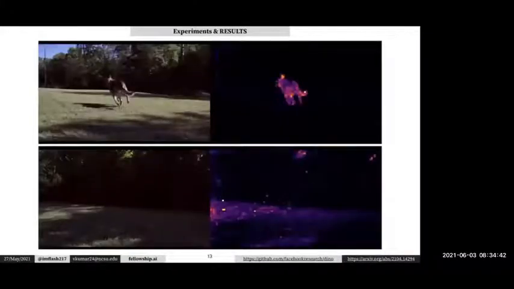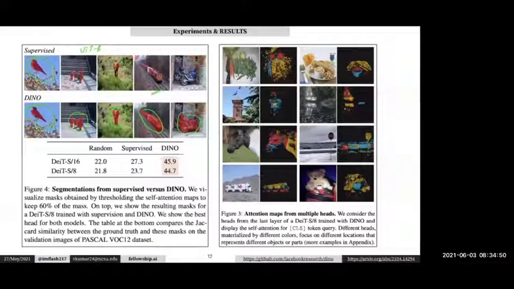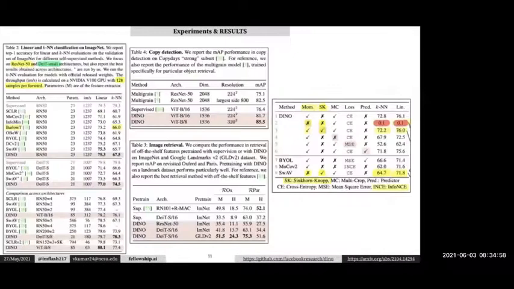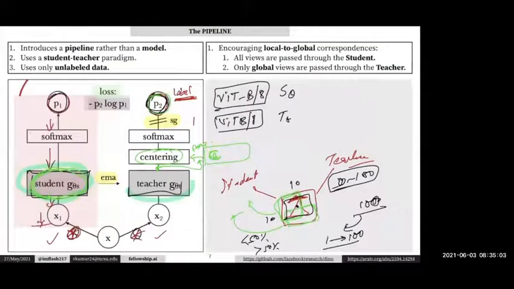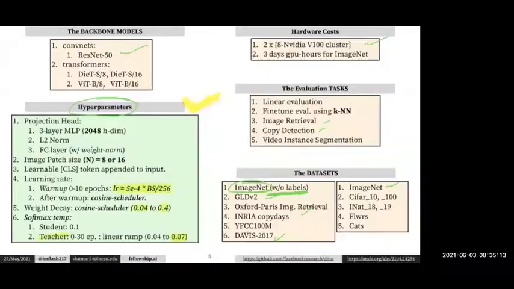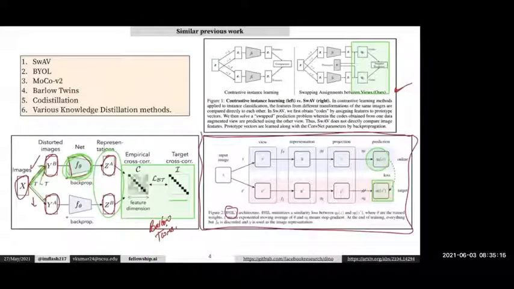Can anyone come up with how you are going to label the data? Maybe I'm exceeding the time limit here, but how are you going to label the data? So you saw here that you had two different augmentations, and there are two different representations of the input data.